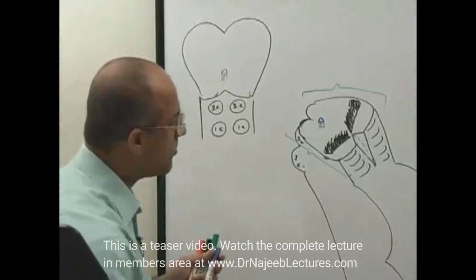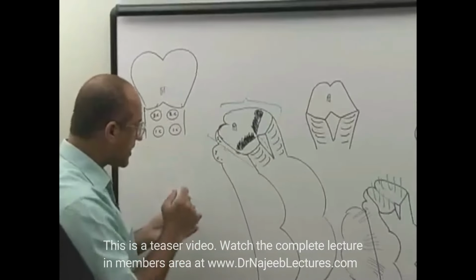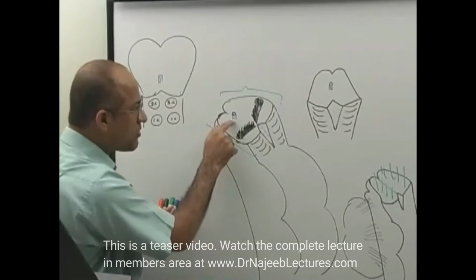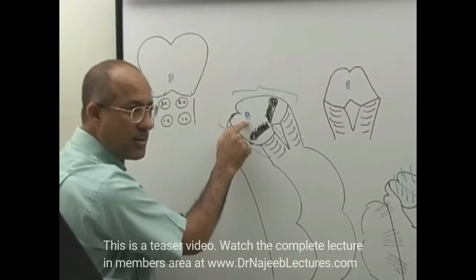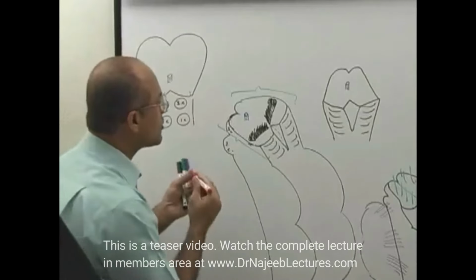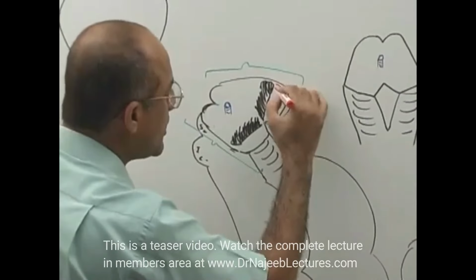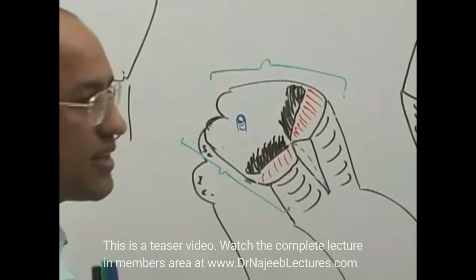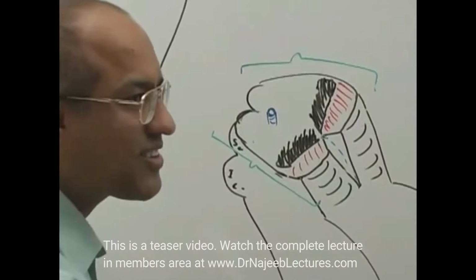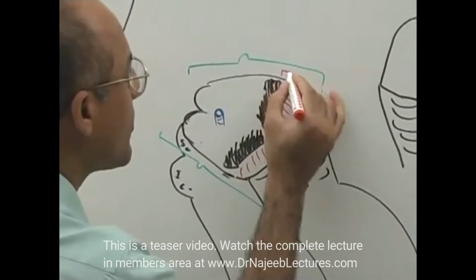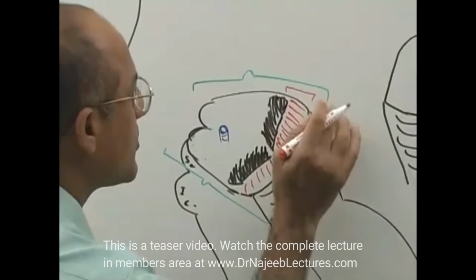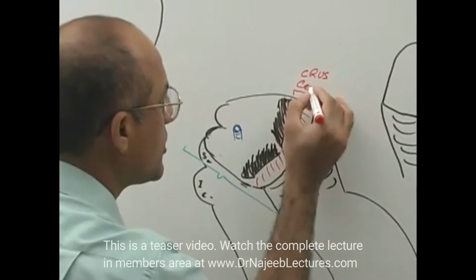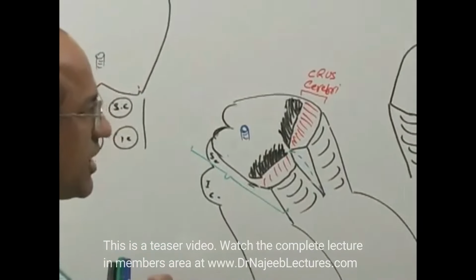Am I clear? Now, I have drawn two important landmarks. Number one, what is this? Substantia nigra. Number two, I have drawn in this diagram the cerebral aqueduct. Now, the structures which are anterior to the substantia nigra are called crus cerebri. Is it right?